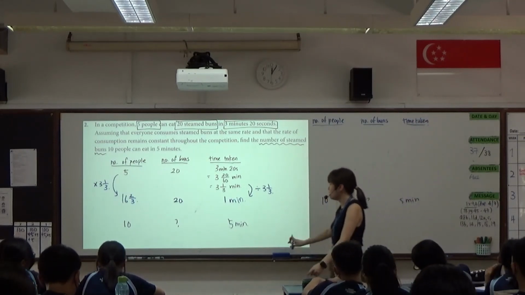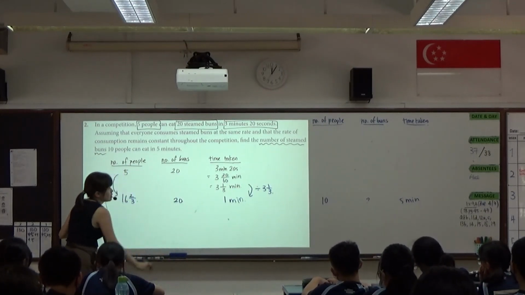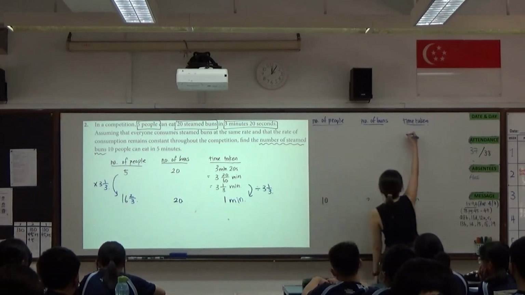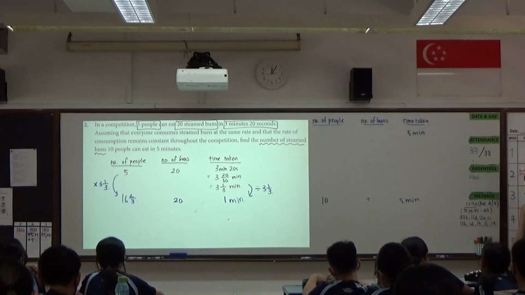So we are now at 1 minute, 16 and 2/3 and 20. Our goal is to have 5 minutes, so let's change this up to 5 minutes first. Let's settle and fix this 5 minutes.